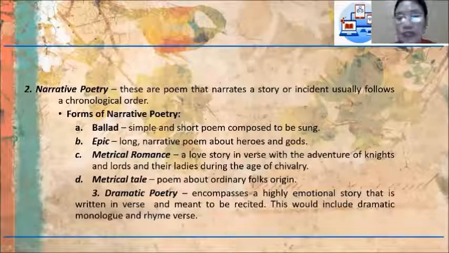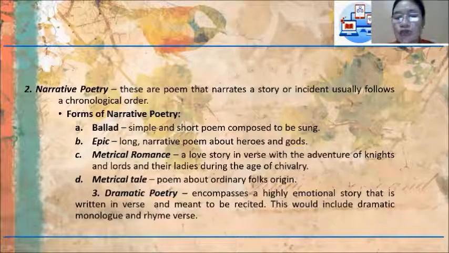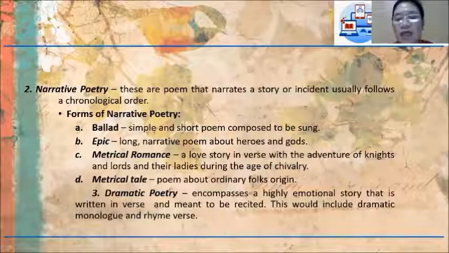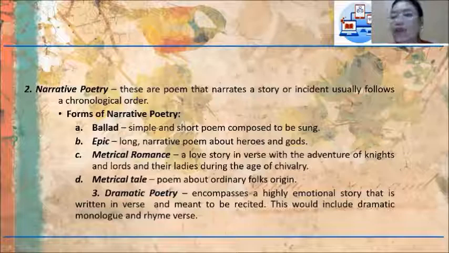Okay, and then we have the last type of poetry, which is dramatic poetry. So it encompasses a highly emotional story that is written in verse and meant to be recited. This would include dramatic monologue and rhyme verse. So we all know that when you say drama or dramatic poetry, it encompasses a highly emotional story.